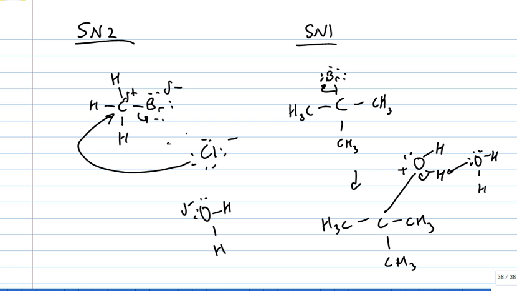But if I have a big, bulky nucleophile, like this. This is 1, 2, 3, 4. This is T-butoxide. Here's the O minus, right? It's still negatively charged, but it's a little tougher for it to come in here.